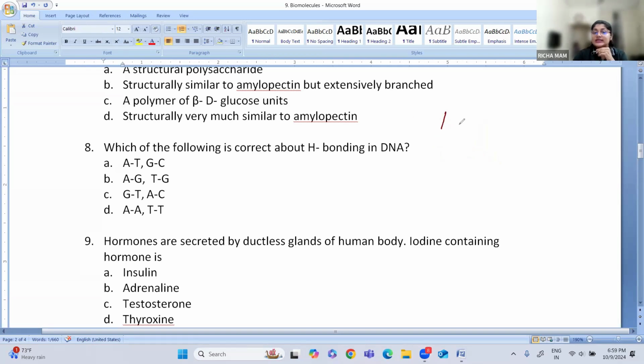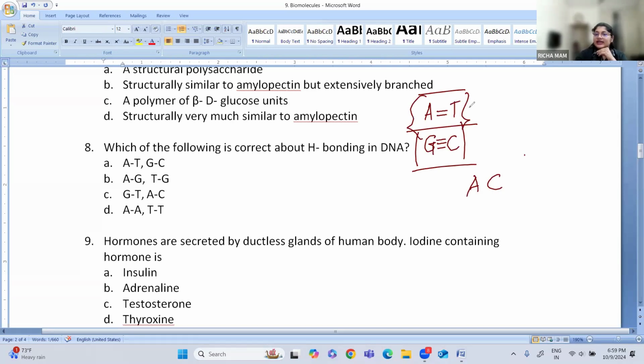When you are writing the DNA structure, how are these bases paired? Adenine is paired with thymine with two hydrogen bonds, and guanine is paired with cytosine with three hydrogen bonds. This is the pair. You cannot pair A and C. This is the only pairing present.